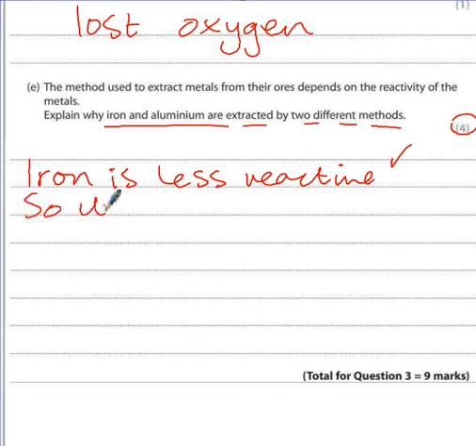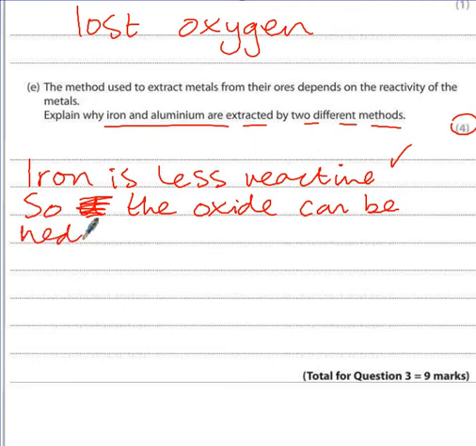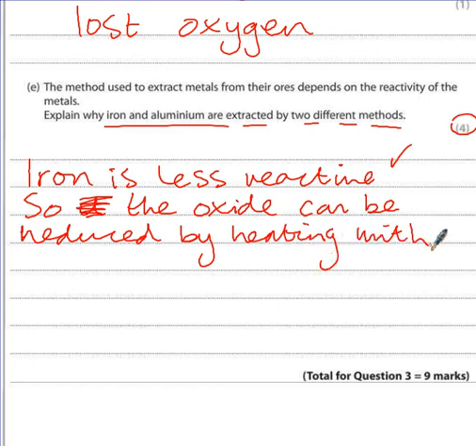So the iron oxide can be reduced by heating with carbon. So the iron oxide will be reduced to iron. So that's 2 marks.